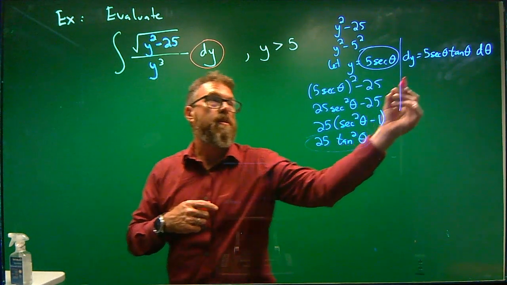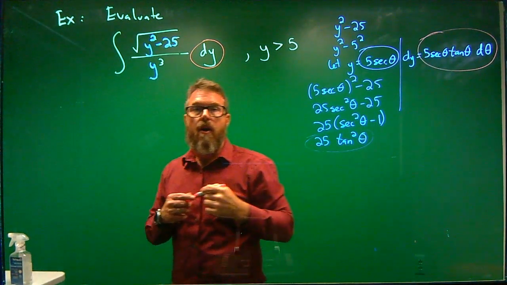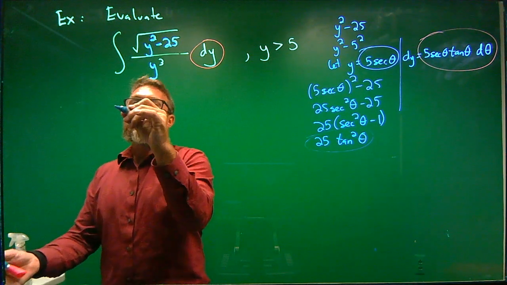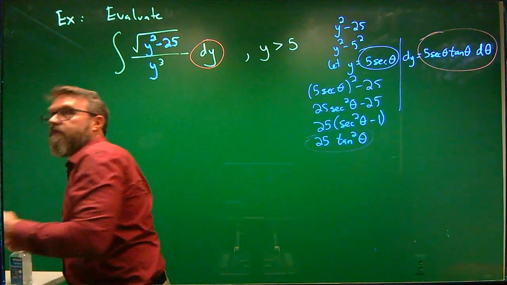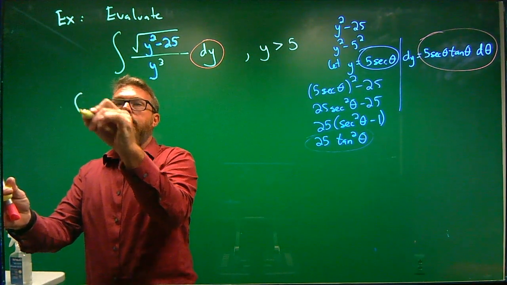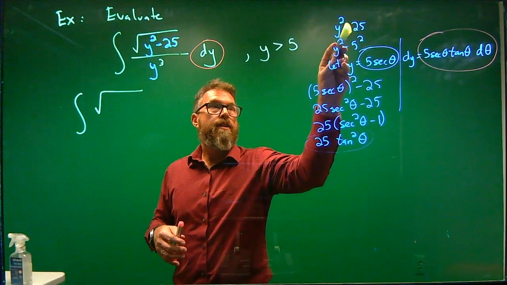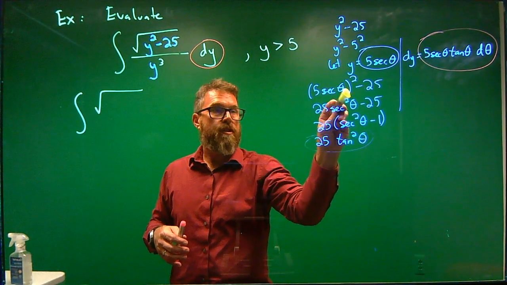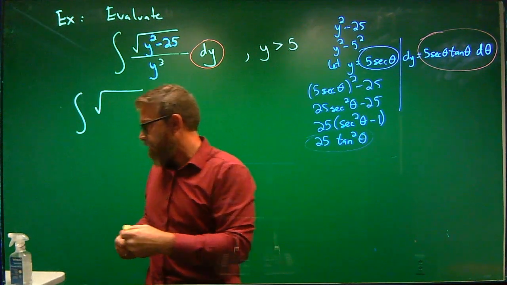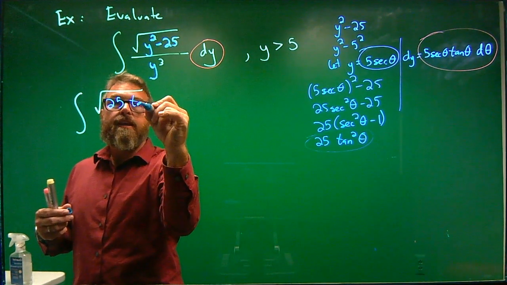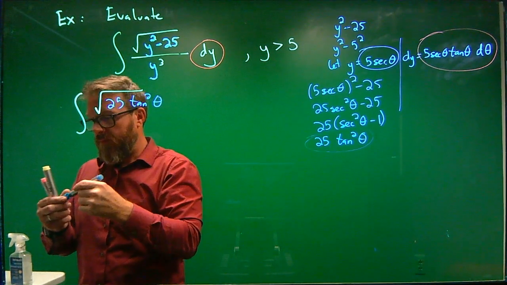All right, so let's substitute everything in. This is going to become the integral of the square root of, well, I know y squared minus 25, which using the substitution simplifies to 25 tangent squared of theta.